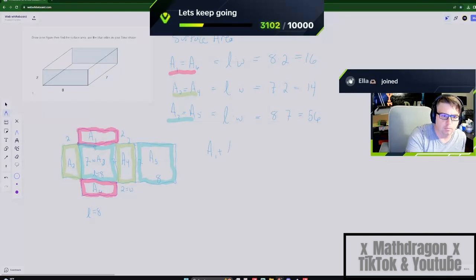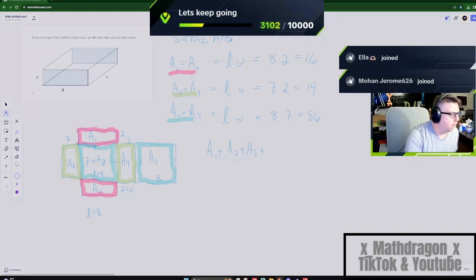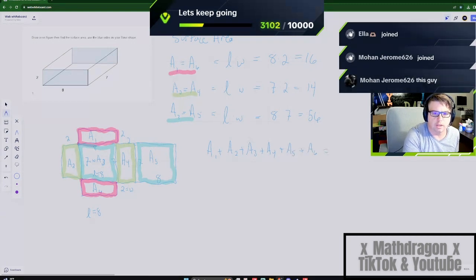Now, A1 plus A2 plus A3 plus A4 plus A5 plus A6 will give me surface area. Okay, so now remember we already color coordinated them, so we're going to do 2 and 4 being green.